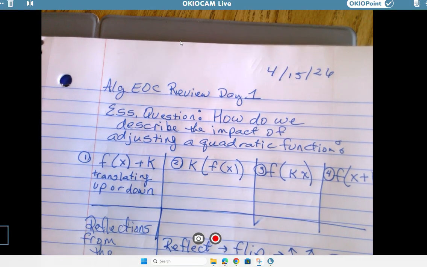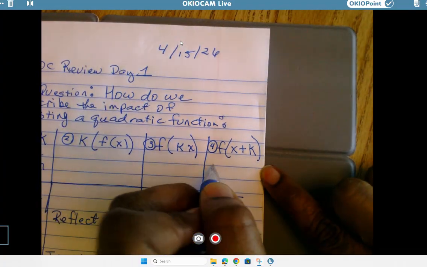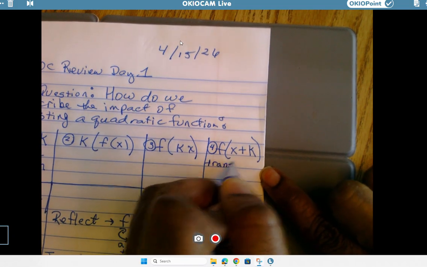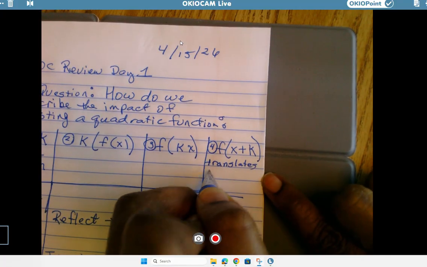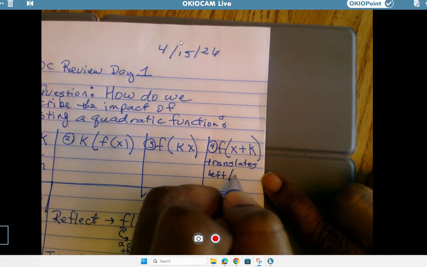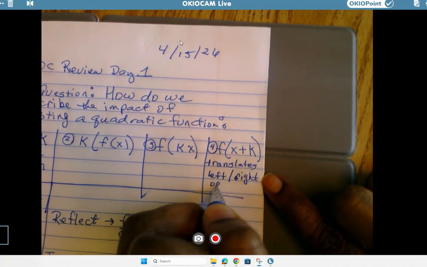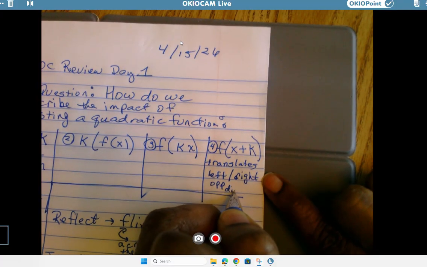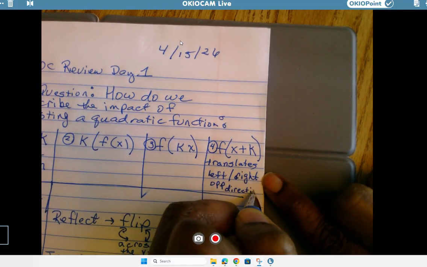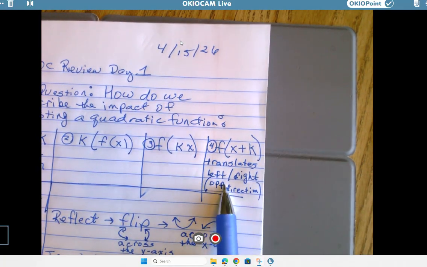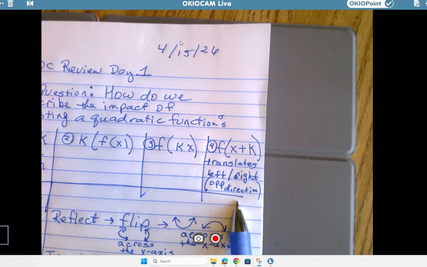It's not 1. 4? All right, so this one translates left or right, and it's in the opposite direction. You down with OPP? So I put translates left or right in the opposite direction.